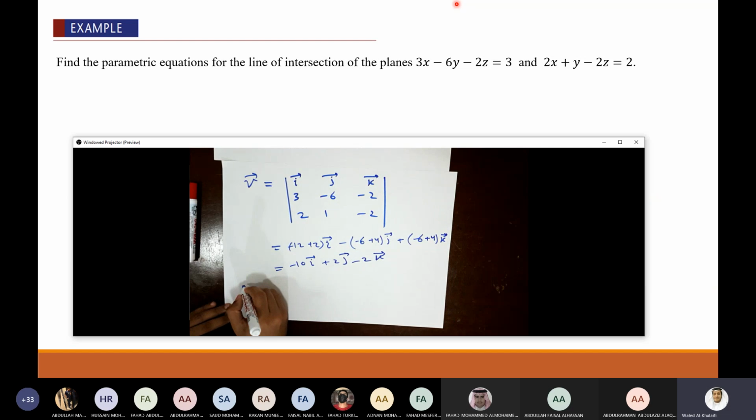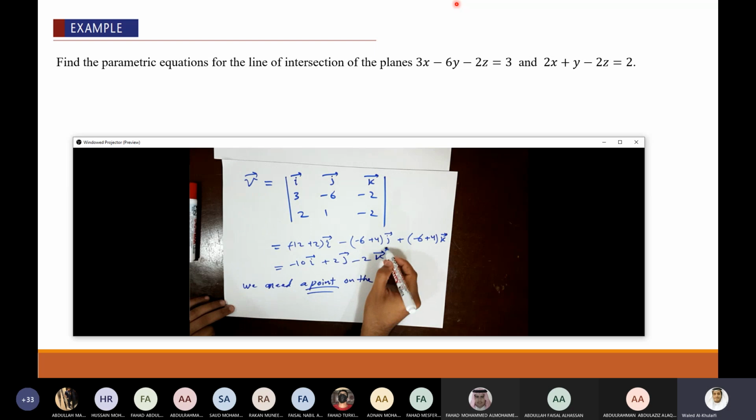So we need a point on the line. How to find a point on the line? We found the vector, but we need a point. How do we get a point?